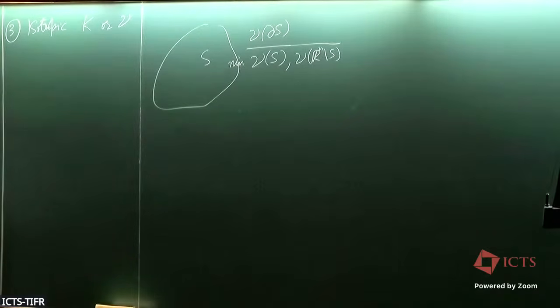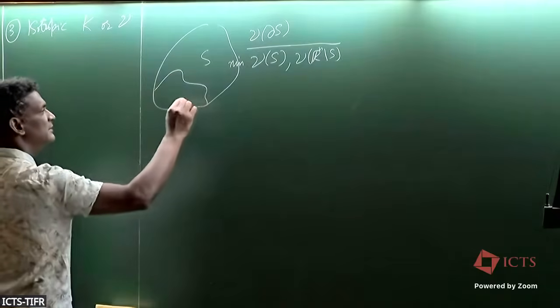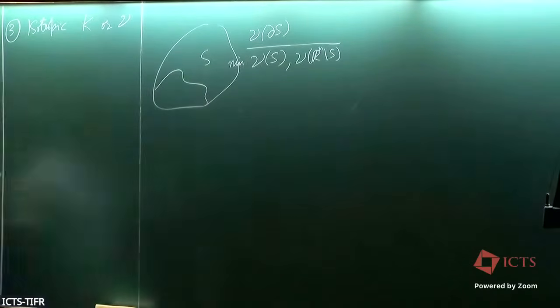Okay, so even in the uniform case, this makes sense, right? You have some convex body and you're asking, what is the subset that minimizes the ratio? Okay.